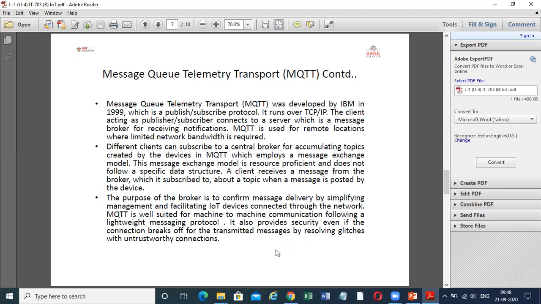It also provides security, even if the connection breaks off for a transmitted message, by resolving the glitches with untrustworthy connections. It means MQTT is helpful when there are unreliable or untrusted connections. This problem can be resolved by MQTT.